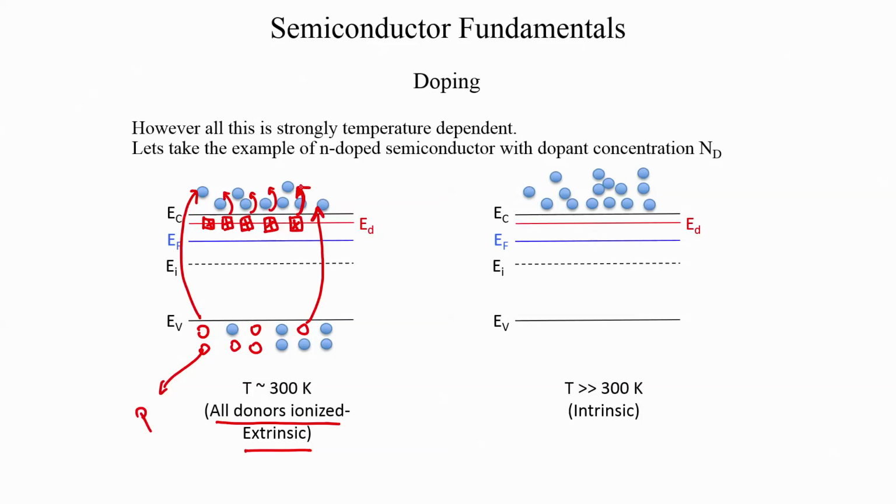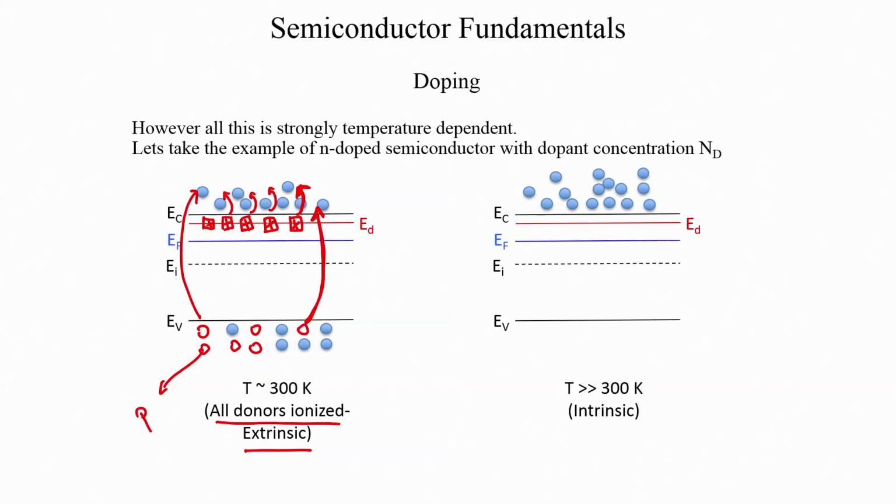That is, all the donors are ionized, and that is what is contributing largely to the electron count, and not so much the electrons that have come out from the valence band. So that is what you mean by an extrinsic semiconductor: typically a doped semiconductor with all dopants ionized.